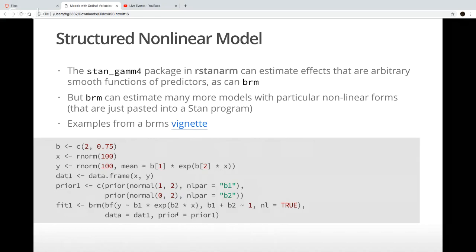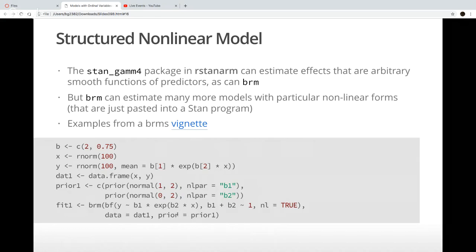Now, if you were going to do something like this in rstanarm, you could take the logarithm of both sides. Or you could use an anti-log inverse link and estimate the log of the intercept and the log of the coefficient here, and then make predictions and anti-log them at the end in order to get predictions in the units of the actual outcome variable y.